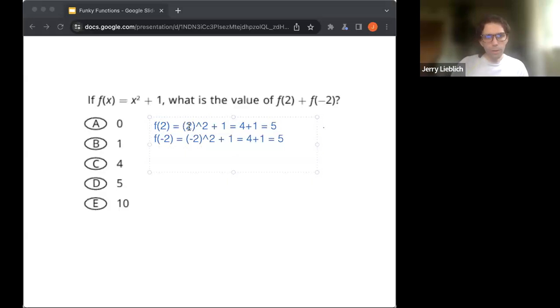I just rewrote it, including the parentheses here. And just wherever I see x, I put with parentheses, helpful to do that in case we have negatives, whatever's inside there. And it doesn't matter if it's 2 or 2x or 2x plus 7, whatever's in there just goes wherever the x is. So I'm looking for f of 2 plus f of negative 2. That's going to be 5 plus 5. So my answer is B, 10.